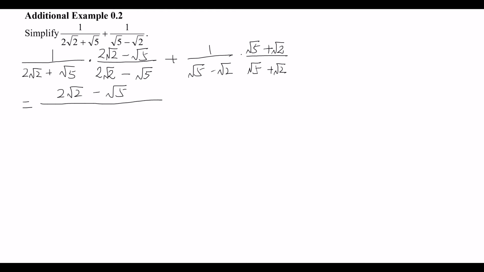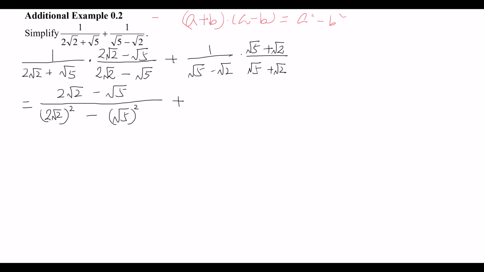And then for the denominator, remember that it is in the form of a plus b times a minus b, which equals a square minus b square. Therefore this one is the square of 2 square root 2 minus the square of square root 5.